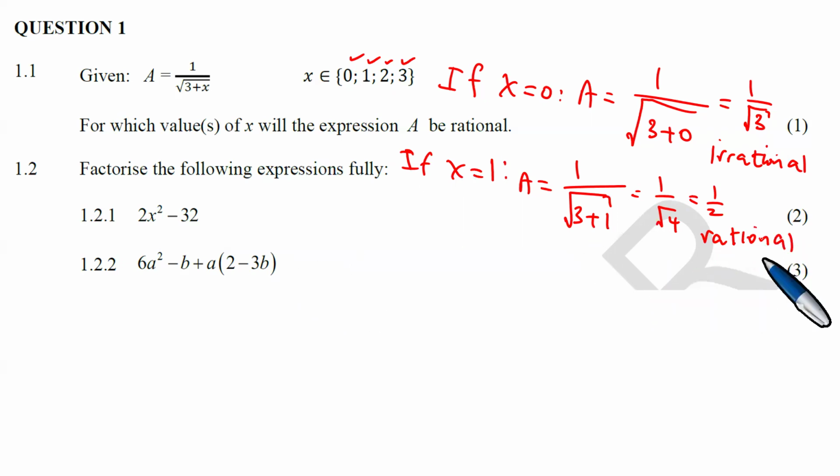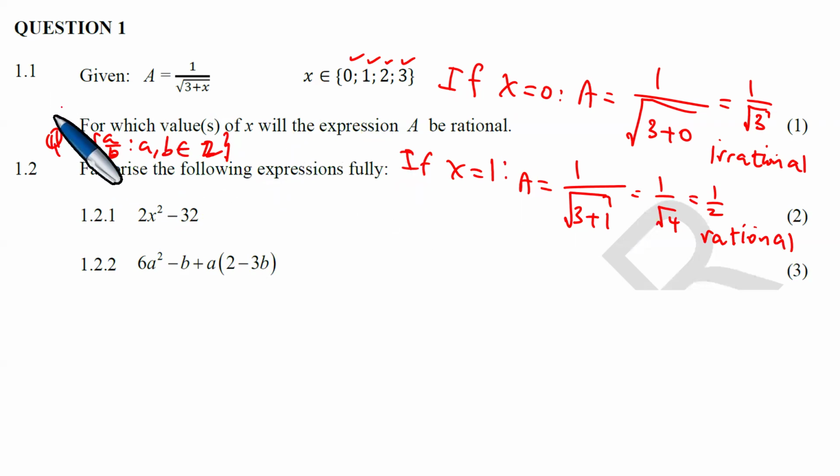What is a rational number in mathematics? A rational number is a number that is formed by an integer divided by an integer. So rational numbers are denoted by the set Q. And the set Q contains numbers of the form a divided by b, such that a and b are elements of Z, and Z is a set of integers.